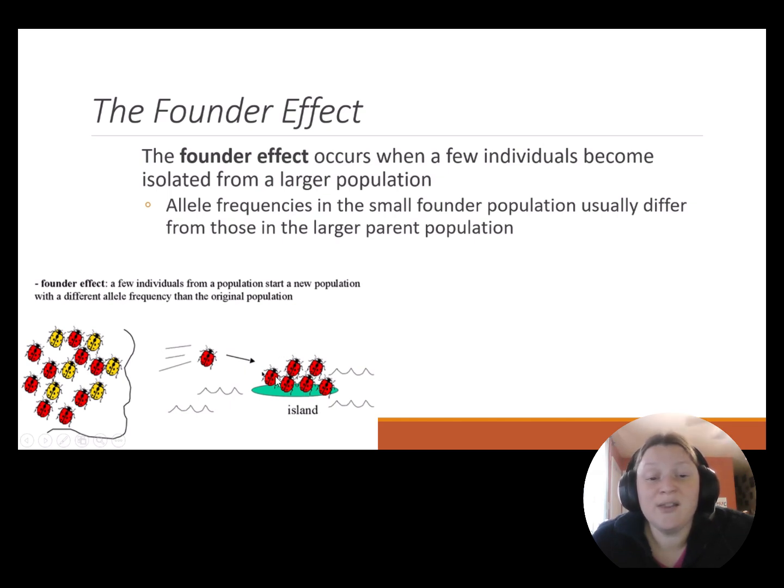On the island they start to reproduce, and now we have a bunch of new beetles, but they're all red. We've lost an allele compared to the mainland population. So founder effect, a small group leaves a bigger population, founds a new population, and we see changes in allele frequencies because of this.